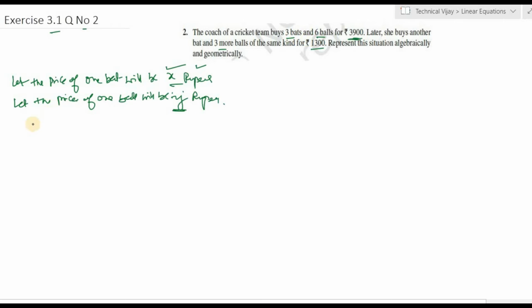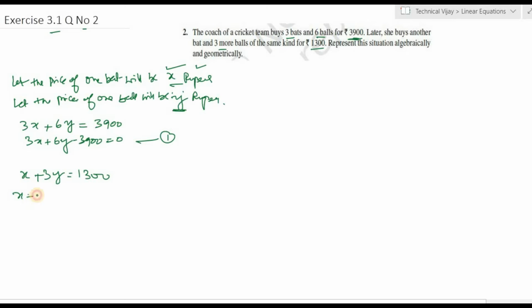So 3 bats means 3x plus 6 balls means 6y is equal to how many rupees? It is equal to 3,900 rupees. Okay, this is one equation. We can write 3x plus 6y minus 3,900 equal to 0. In the second situation, one more bat means 1x plus 3 balls 3y is equal to 1,300.